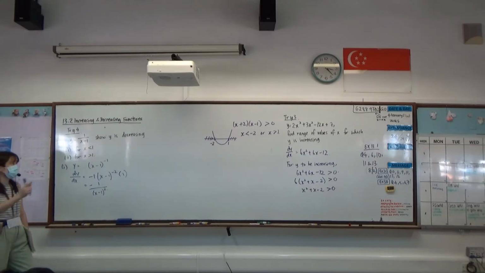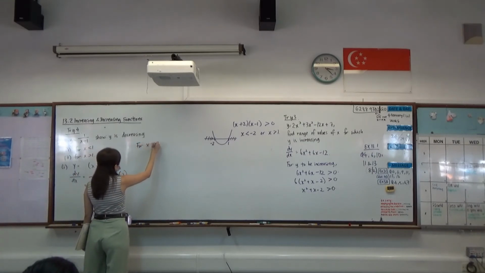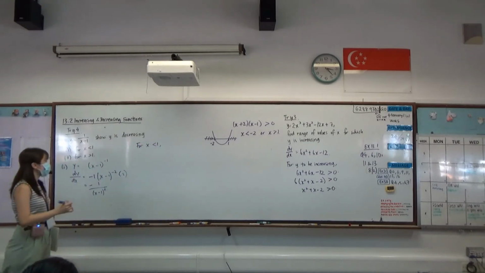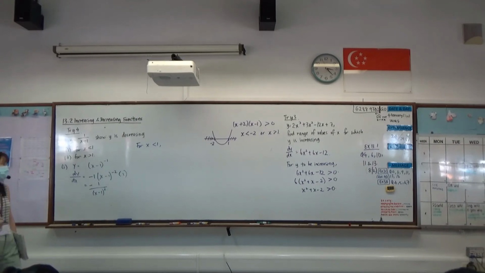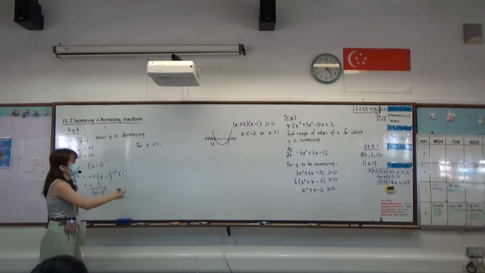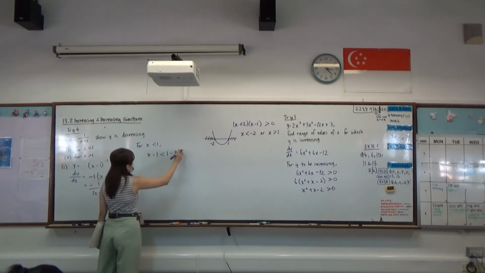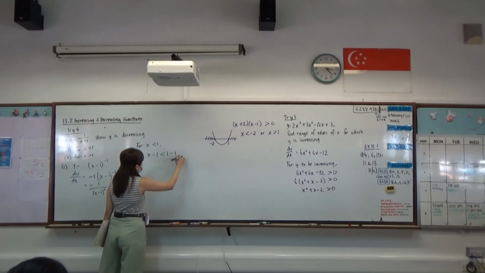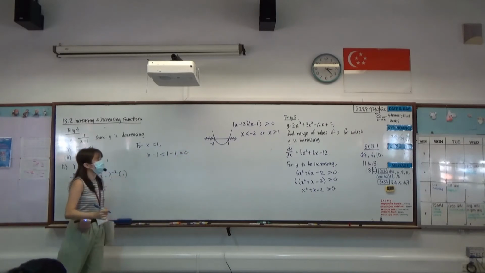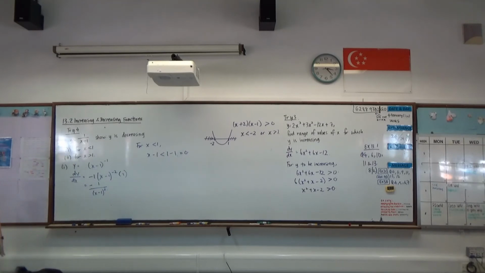So we will start with x less than 1. So with x less than 1, going to look at our dy over dx, we see that x minus 1 will be 1 minus 1, which is equals to 0. So x minus 1 is less than 0.